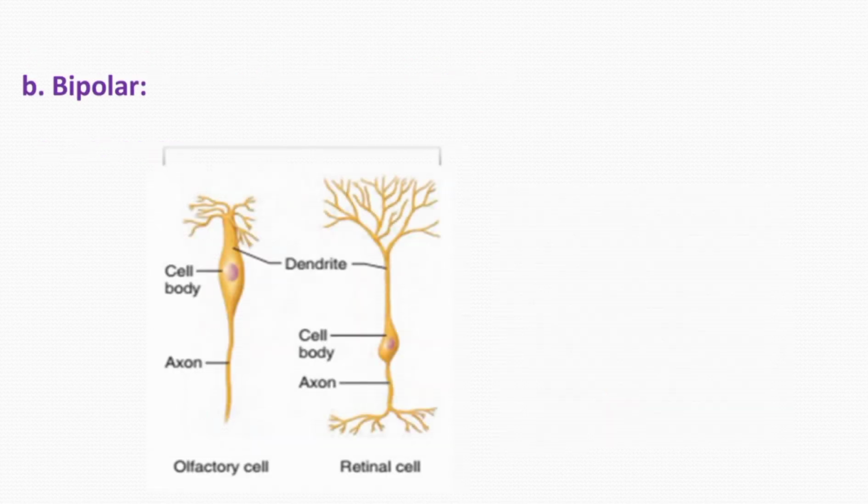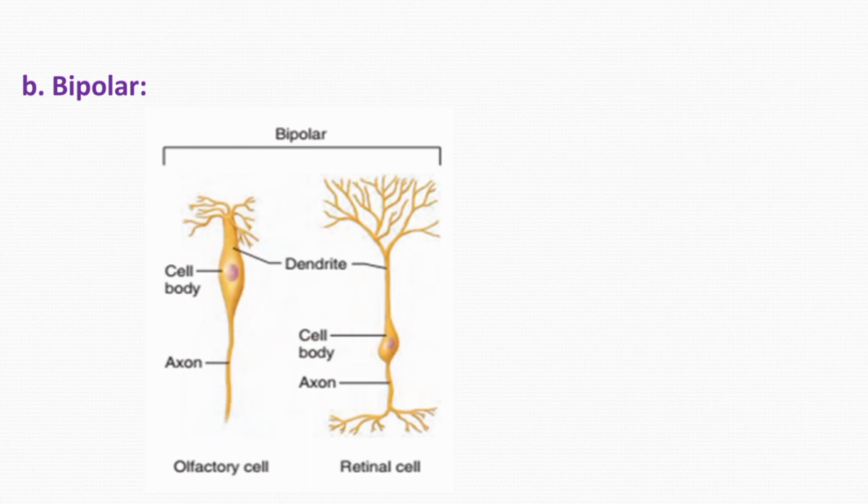Now bipolar neurons, as the name indicates, they have two poles. As you can see here, from the soma one pole is arising, and this is giving rise to dendrites, and the other pole is giving rise to the axon. So from one pole dendrites arise, and from the other pole axon arises.